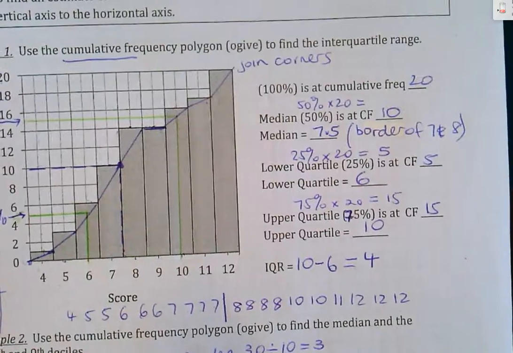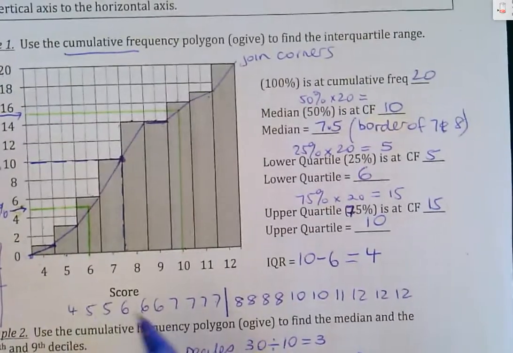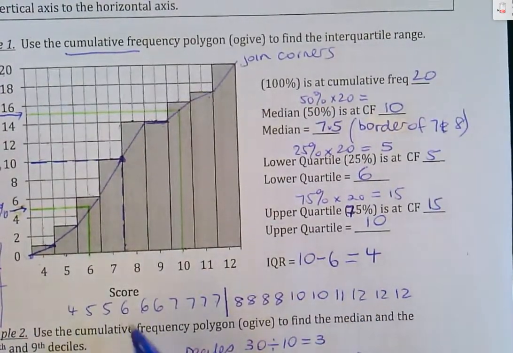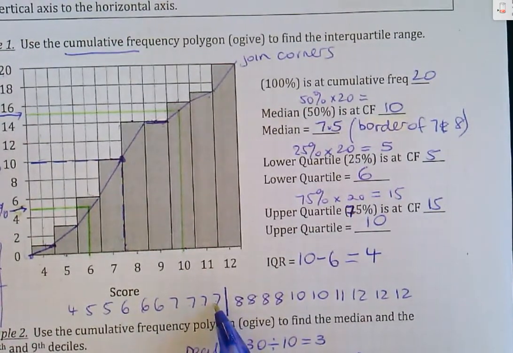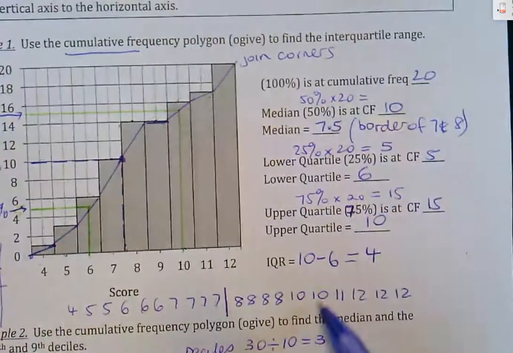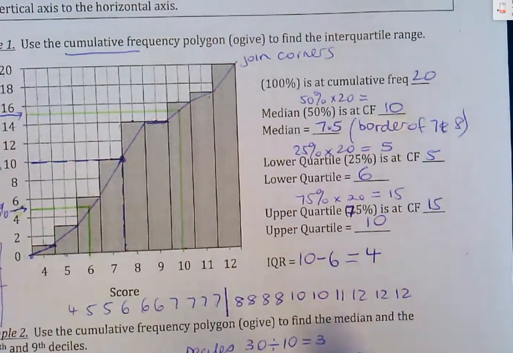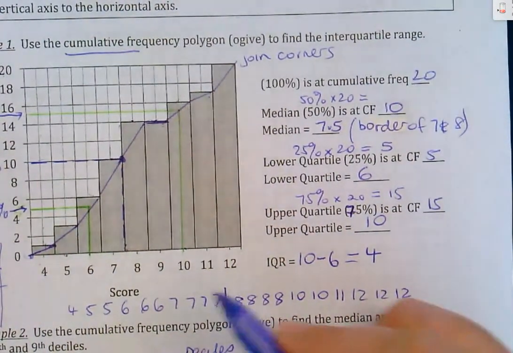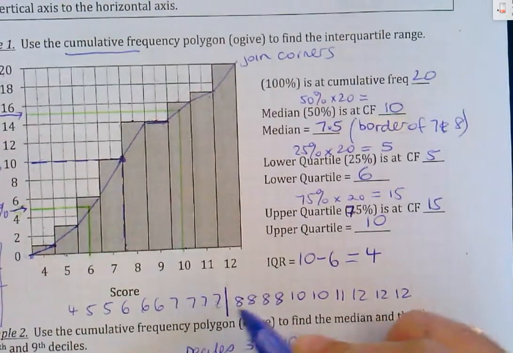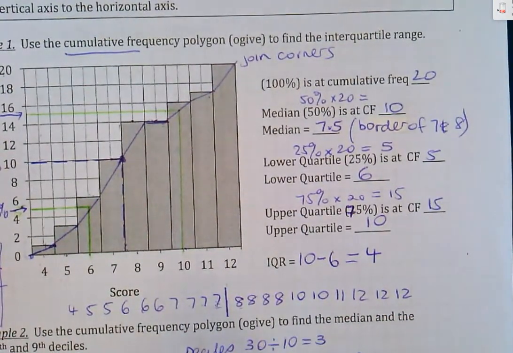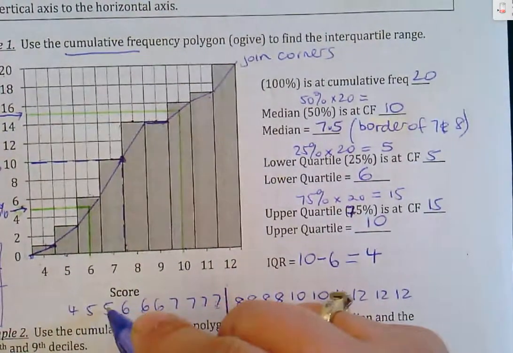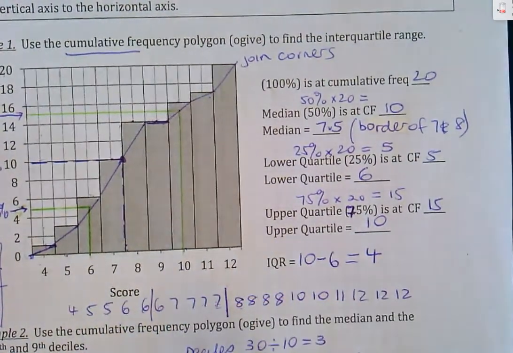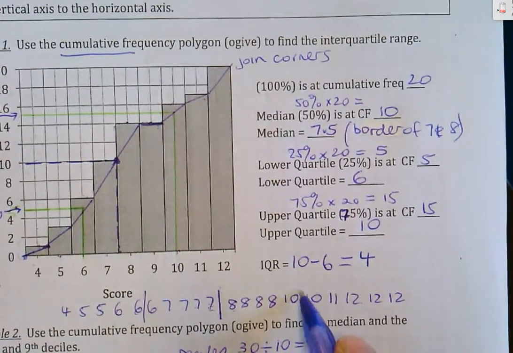Now, watching. If I did write the scores out, look where the median is. It's halfway between 7 and 8. For the first example, I wrote all the scores out, 10 on the left, 10 on the right, put the line in between. Can you see the median is between 7 and 8? But if I look at the lower quartile, that goes 1, 2, 3, 4, 5. It was there. And the upper one was here.